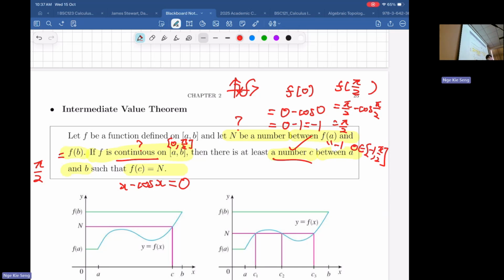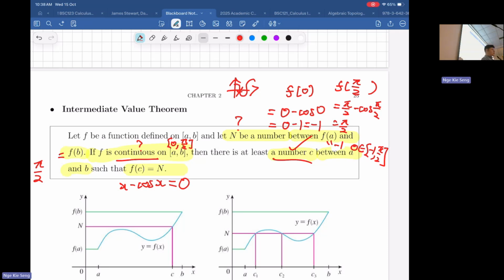If you still remember, we have a similar theorem for continuity, like a limit law. You can compute the limit of a sum of functions by separating them out. Similarly, if you know that two functions are continuous, the sum of them is continuous. A scalar multiple of a continuous function is also continuous.